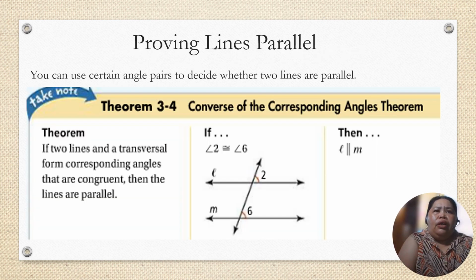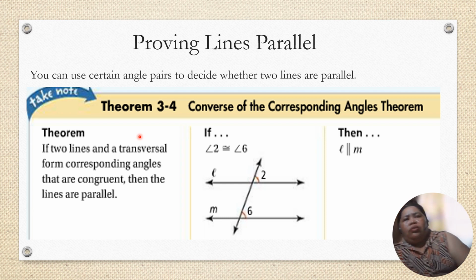In proving lines parallel, you can use certain angle pairs to decide whether two lines are parallel. So we have here Theorem 3-4, the converse of the corresponding angles theorem.